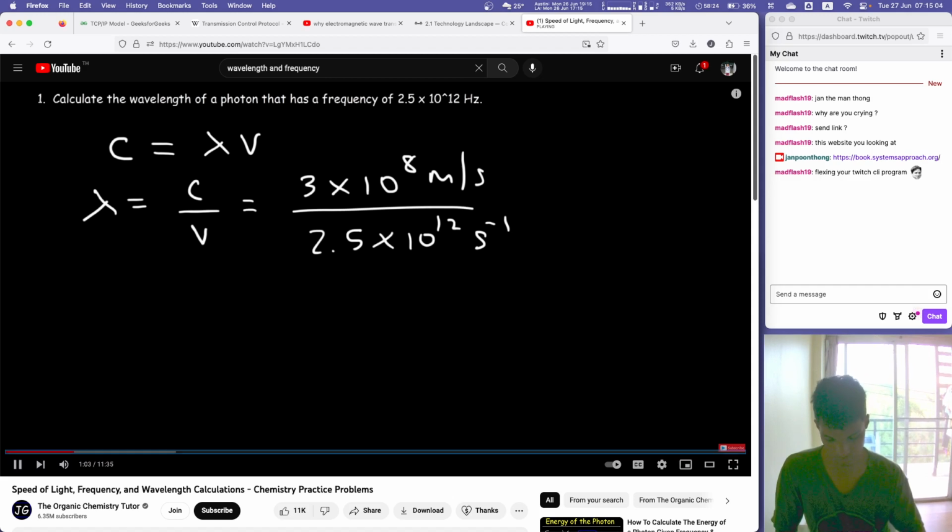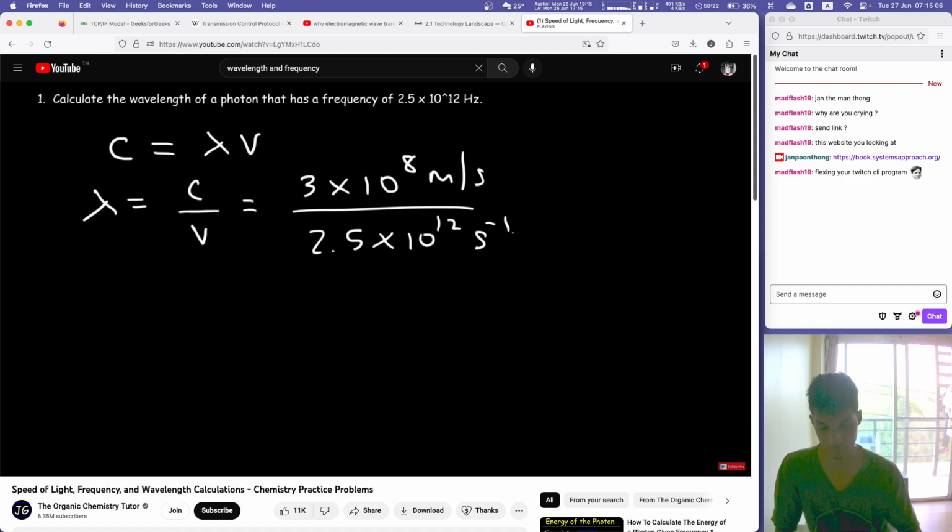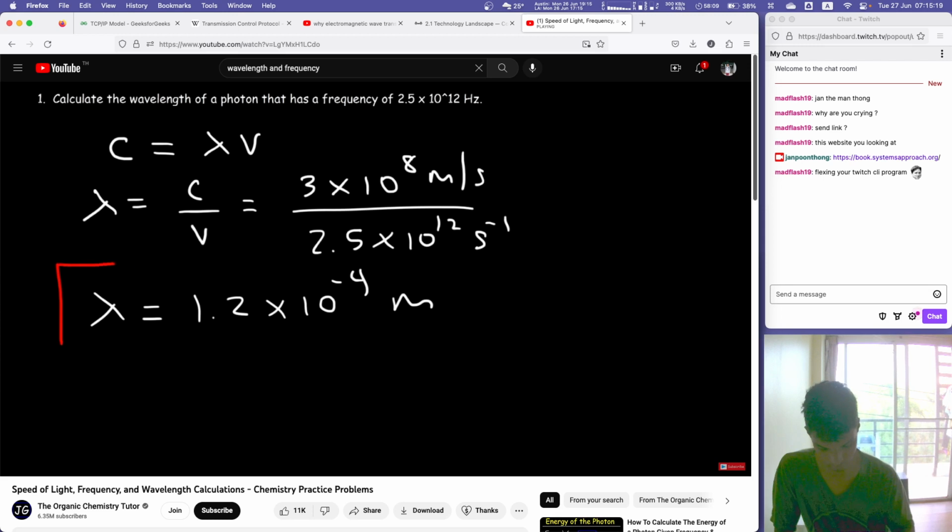So basically, we just need to divide these two numbers. And so you should get 1.2 times 10 to the negative 4 meters. And so that's all you need to do in order to get the answer.